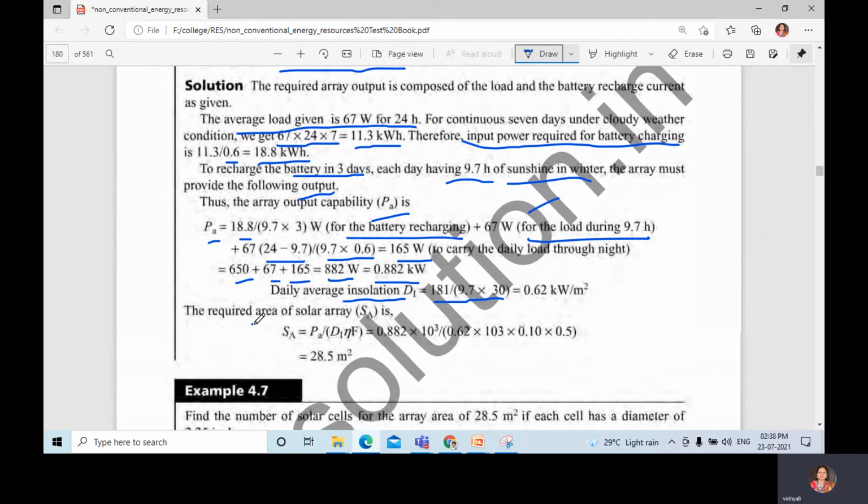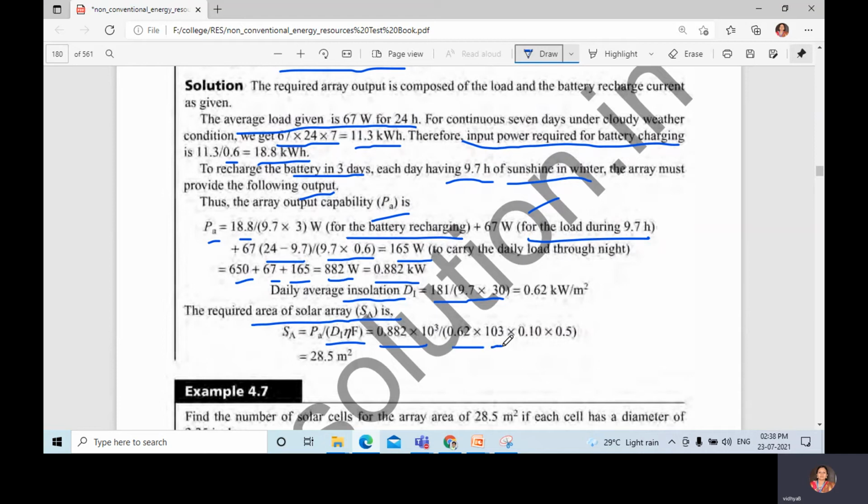So the required area of solar array is PA divided by D1 into efficiency into F. PA value is 0.882 into 10 to the power 3, and the D1 value is 0.62.